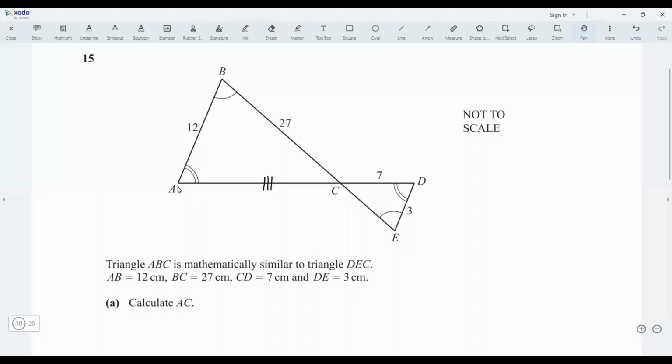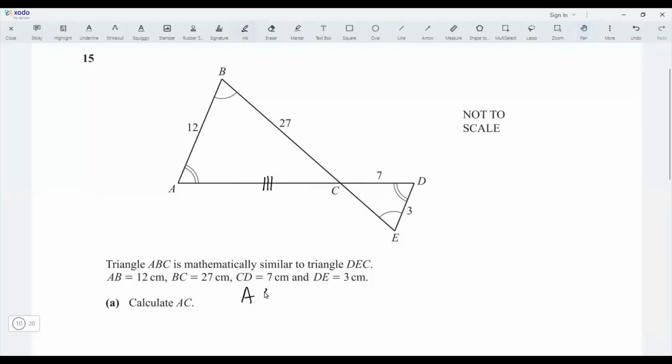So the triangle having the line from A to C must have the same ratio as C to D, that are similar to each other. Or we can say A, C, D are collinear points. If there are collinear points making two triangles, they must be similar to each other.